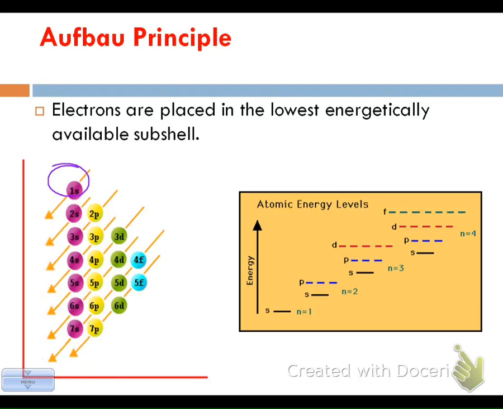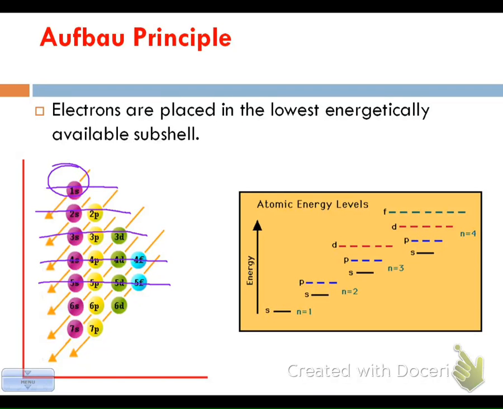This diagram on the screen on the left-hand side is called an Aufbau diagram. What it also does, in addition to looking straight across at the energy levels themselves, it breaks each energy level up into its subshells and then also ranks them in order of energy. The diagram on the right also does the same thing.